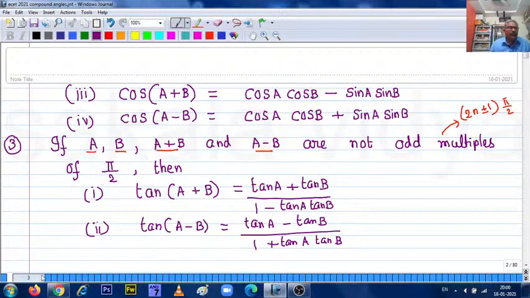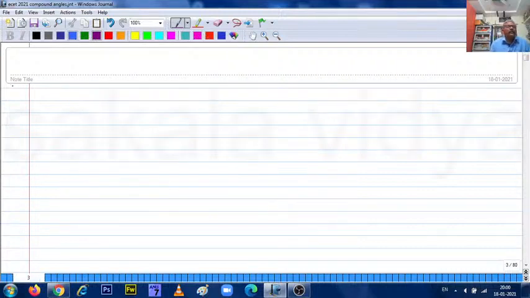Okay, now the fourth formula. In the fourth formula also we have a condition.